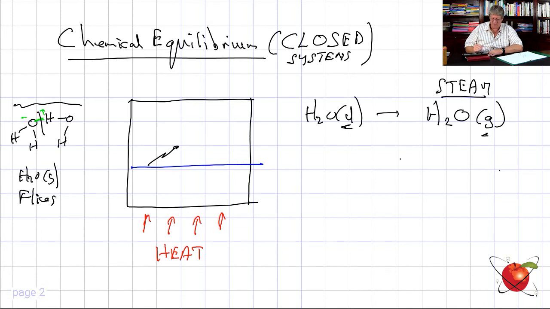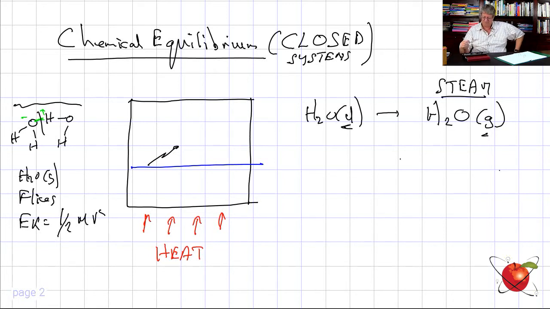Now an important thing, once it does that, it's got enough EK, which is a half mv squared. Okay, and we've dealt with this in many cases before. All right? You need to add the mass, you need to get the velocity up. So you've got to add enough energy to make it fly. You've got to break that bond and then it's going to fly out the top, right?